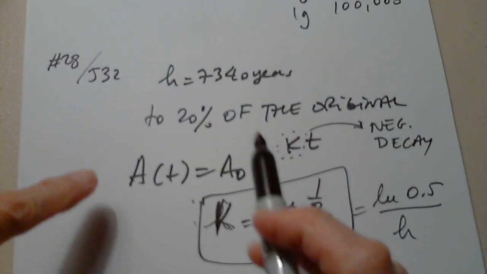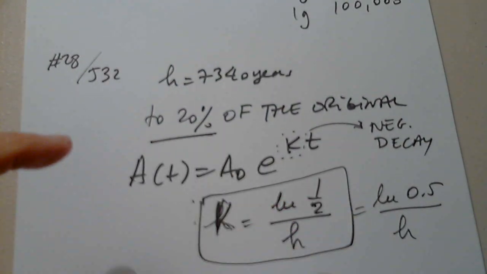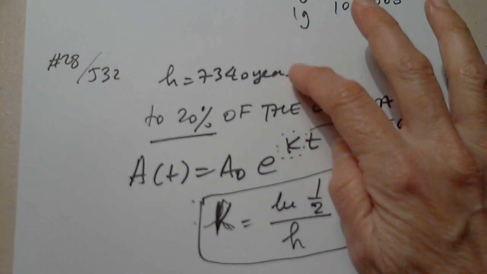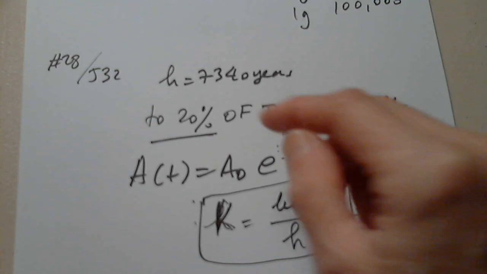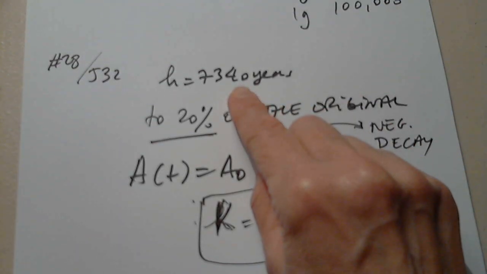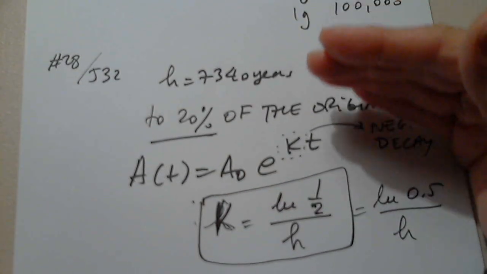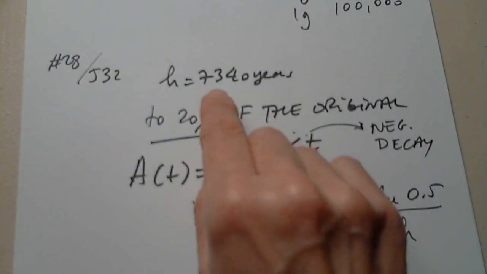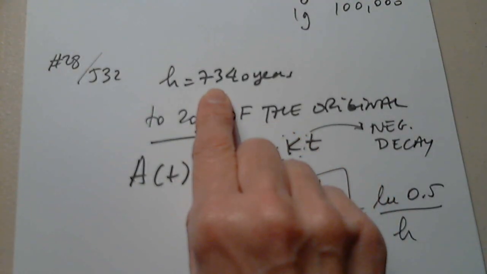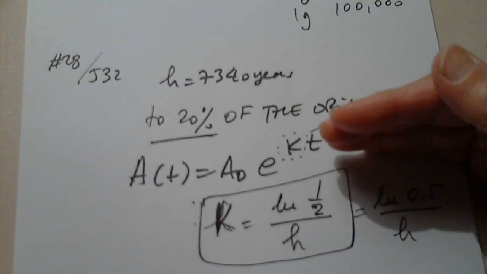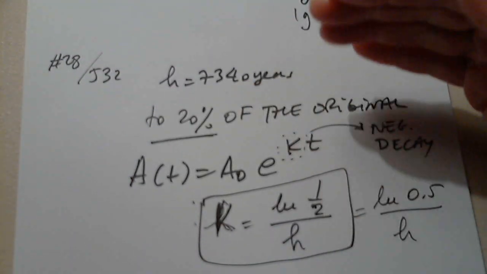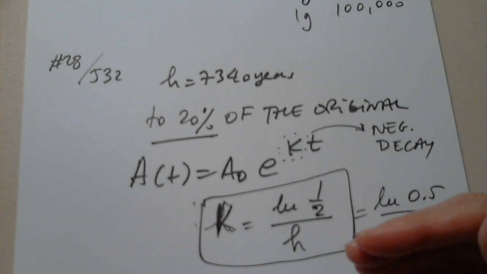I'm asked to find the time. To get from 100% to 50%, it takes about 7,000 years. But to get from 100% to 20%, it has to be more than 7,000.